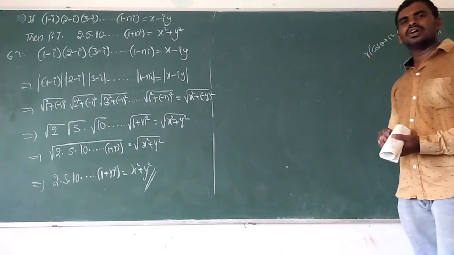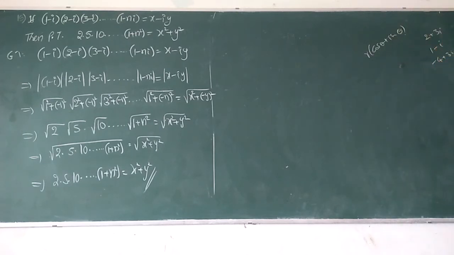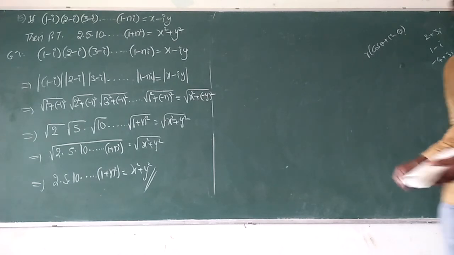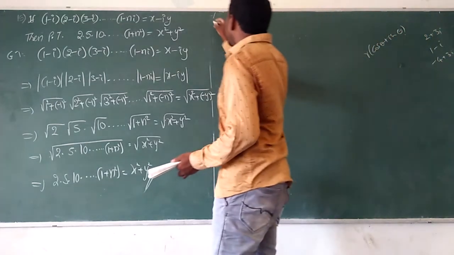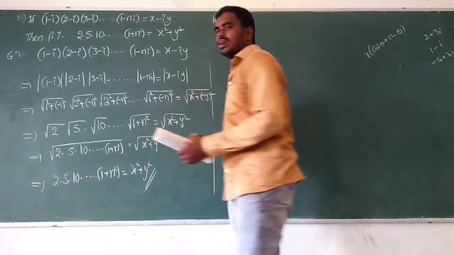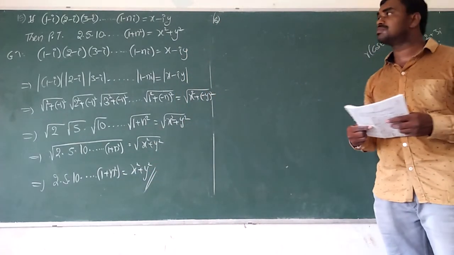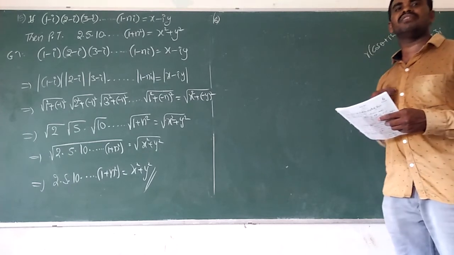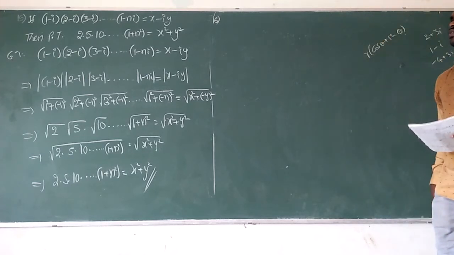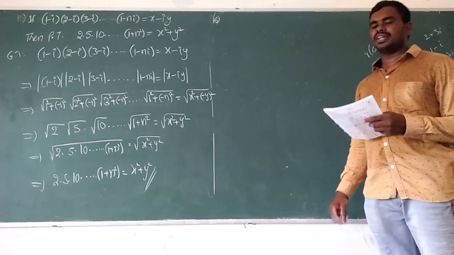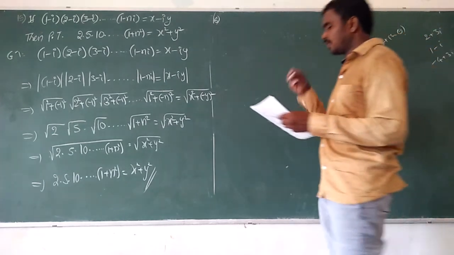Not only a good score, you can try to reach 75 out of 75 if you are capable. I will tell you how to prepare, how to practice, which sums we should practice and what way we have to practice. If you follow me, you will get a good score.